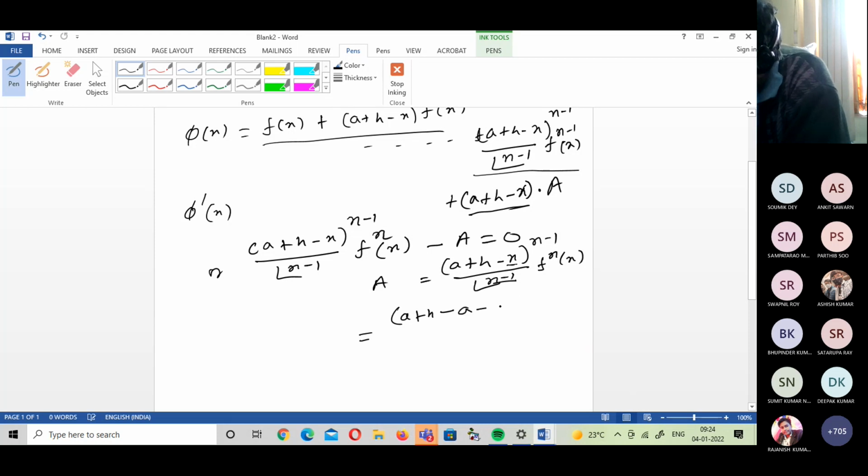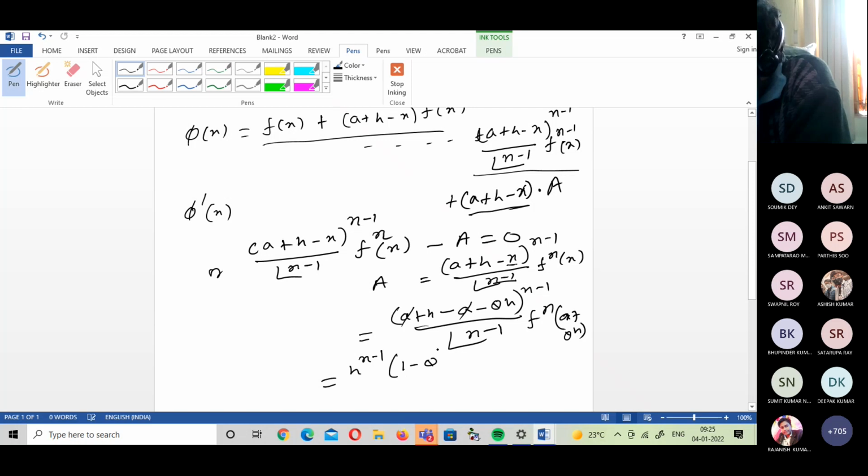Minus a minus theta h to the power n minus 1 by factorial n minus 1 f n of a plus theta h. Now here this a cancels, so you can easily conclude that it will be h to the power n minus 1 times 1 minus theta to the power n minus 1 by factorial n minus 1 f n of a plus theta h.